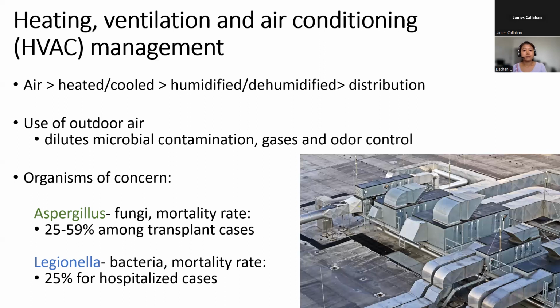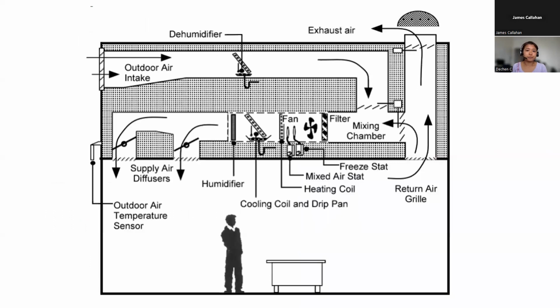The mortality rate is between 25 to 59% among transplant cases. Aspergillus species can be introduced to healthcare settings through construction and renovation activities. Whereas Legionella is a bacteria found in water and also in soil, and the mortality rate is 25% for hospitalized cases. We'll talk more about these two organisms in more detail later on in the presentation.